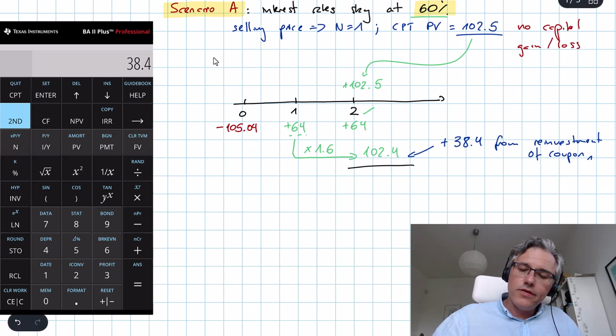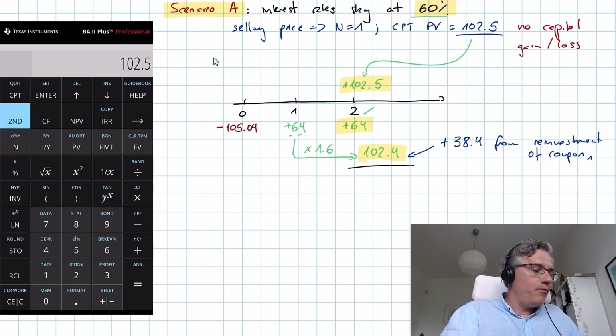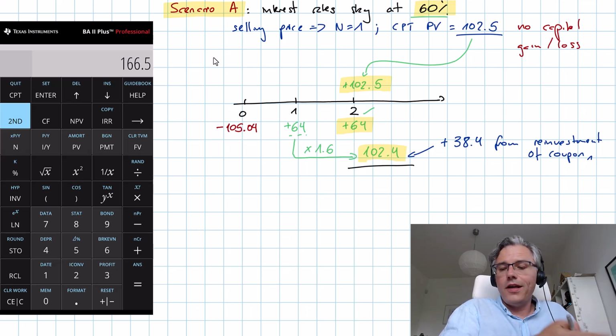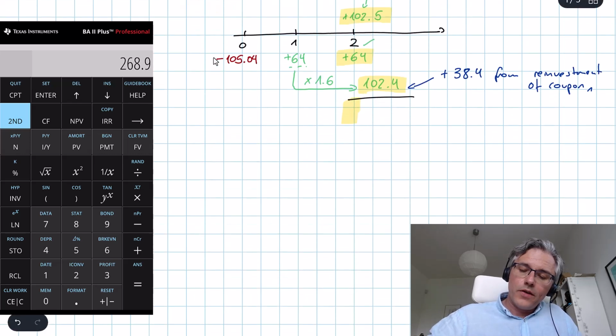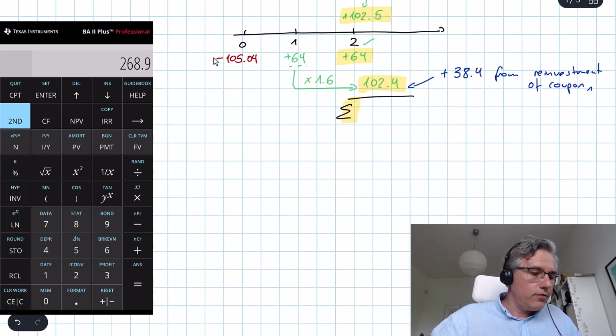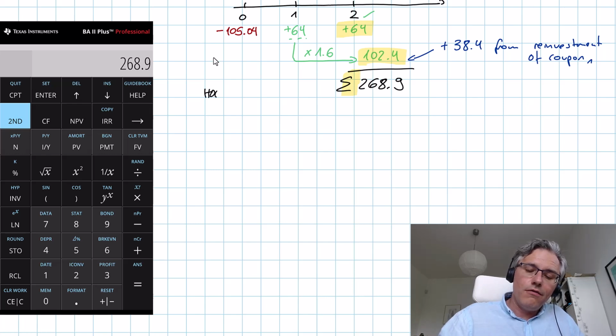So I'm now going to simply sum all these items. We've got 102.5 at the top. That's the selling price. The year 2 coupon, which doesn't have any time to be reinvested, and 102.4 to give us a total down here equal to 268.9.